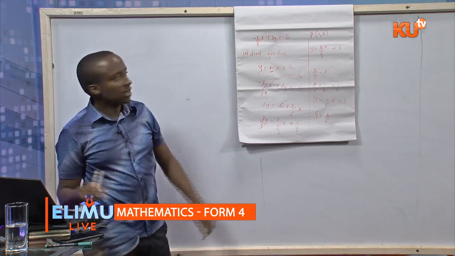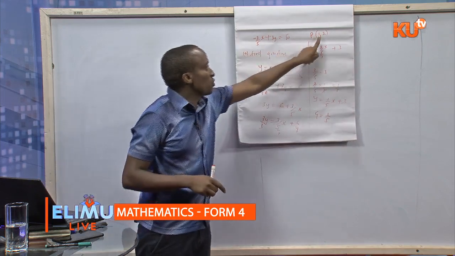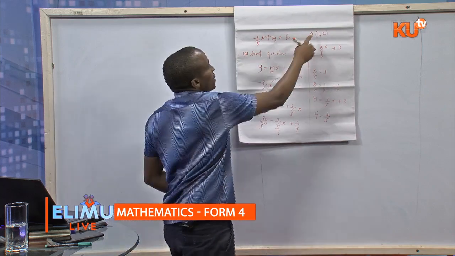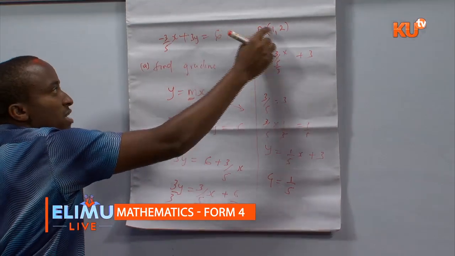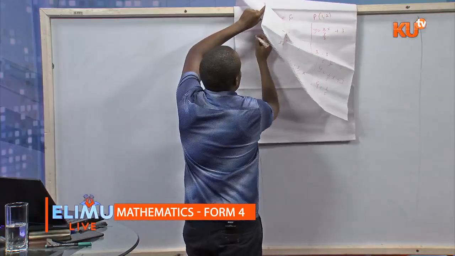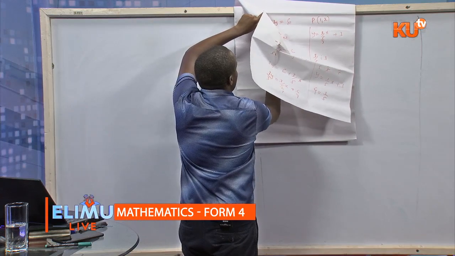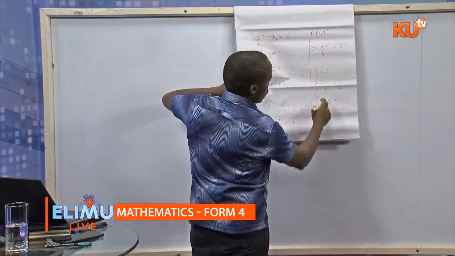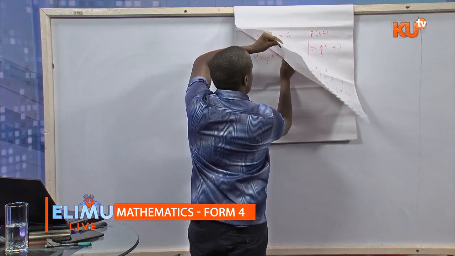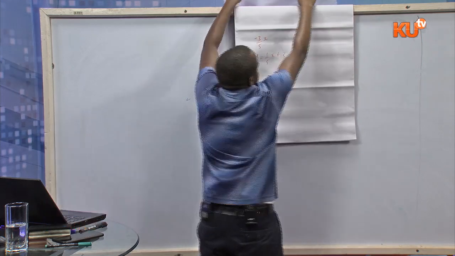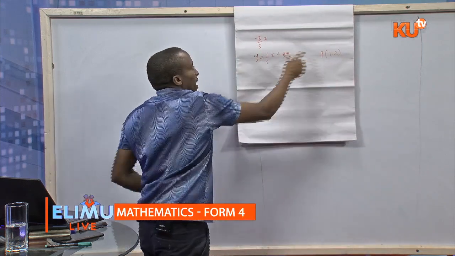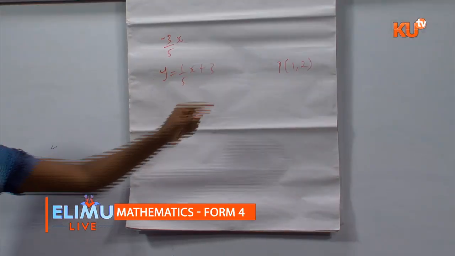That is very simple. The product of the gradients of these two lines is equal to -1. So the given line is y = a fifth x plus 3, and another point is 1, 2. These two lines are perpendicular to each other.